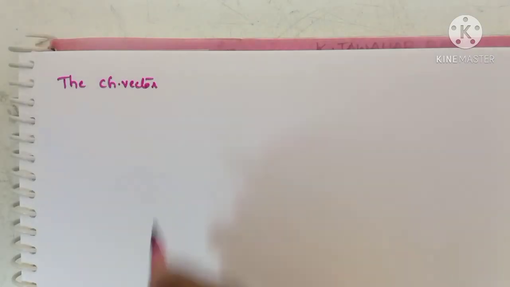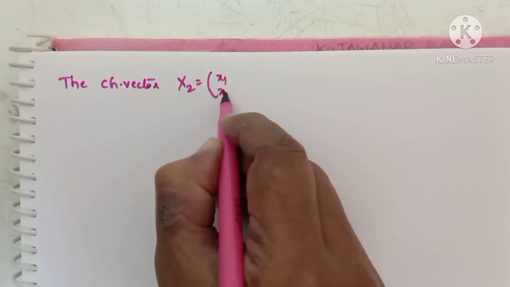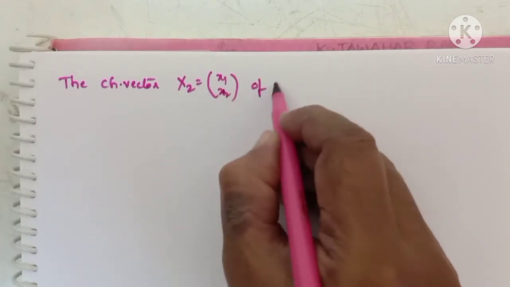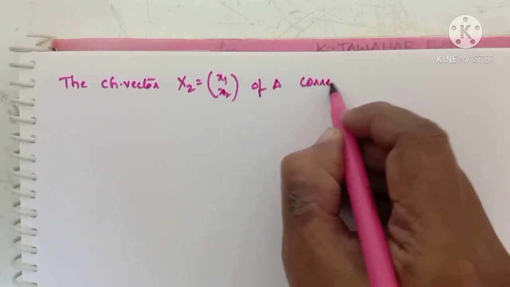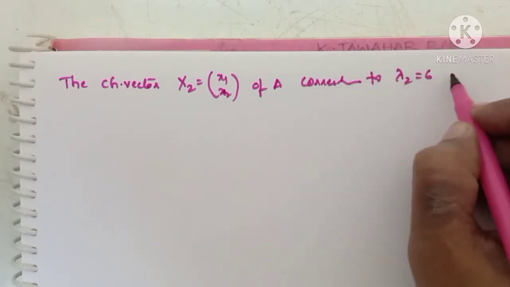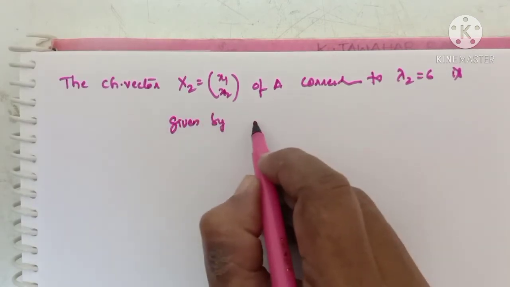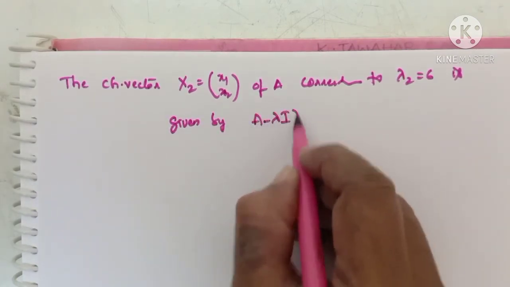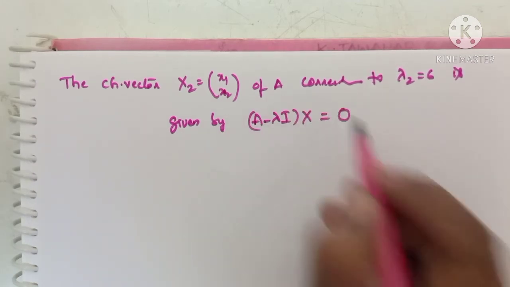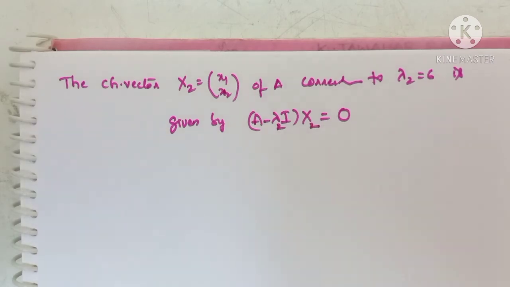Find the characteristic vector X2 (x1, x2) of A corresponding to lambda 2 equal to 6, given by non-zero solutions of the equation A minus lambda I into X equal to null matrix. I write here lambda 2 and this is X2.